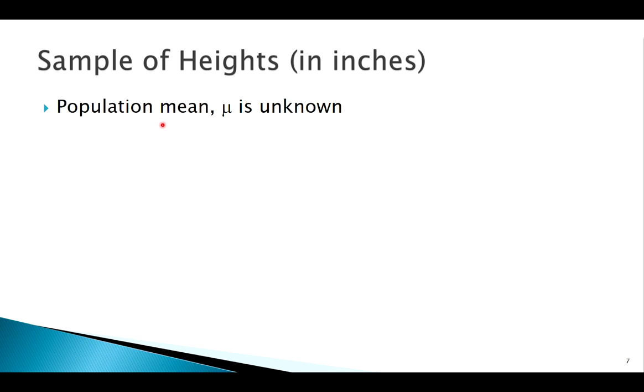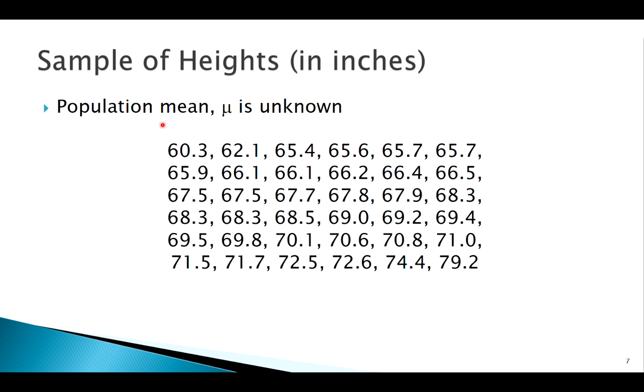All right, so we know about the sampling distribution of x bar, but we don't necessarily know what mu is. We don't know what our population mean is. We're using x bar to estimate it. So say this is the sample that I take, and I get a sample mean of 68.5.